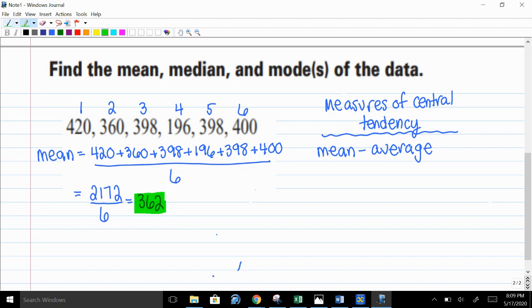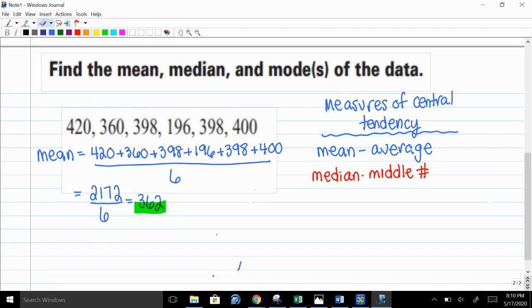Up next is the median. The median is the middle number. Now, a couple things. Number one, for the median, you have to make sure that the numbers are arranged in order from smallest to biggest.